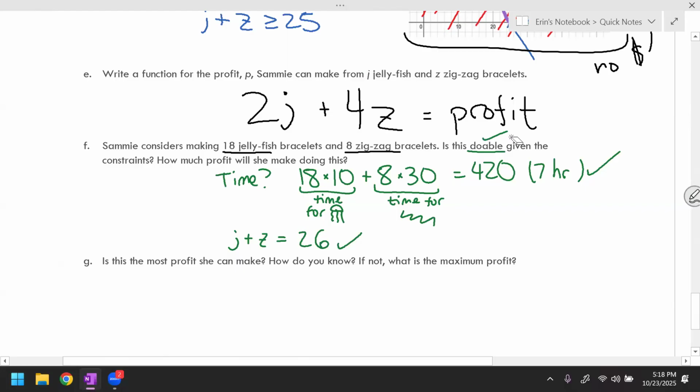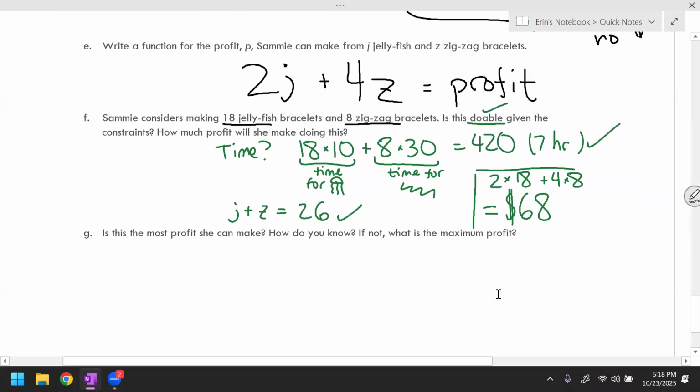How much profit will she make doing this? This is again pretty easy, right? Well, every jellyfish bracelet is just $2, so it's just going to be 2 times 18, and every zigzag is worth 4, so it's just 4 times 8. And that's $68 for 7 hours of work. Not sure if I'd take it, but well, you do you, right?